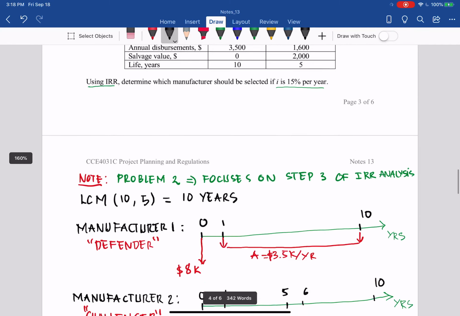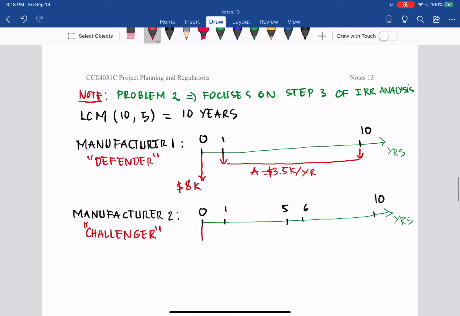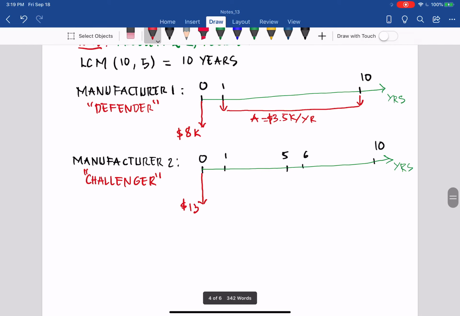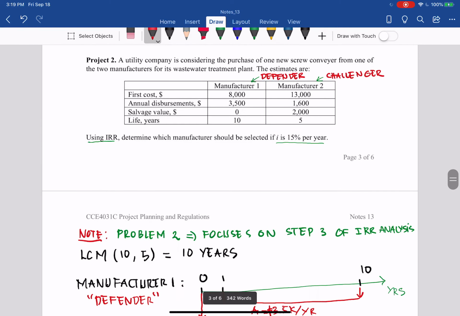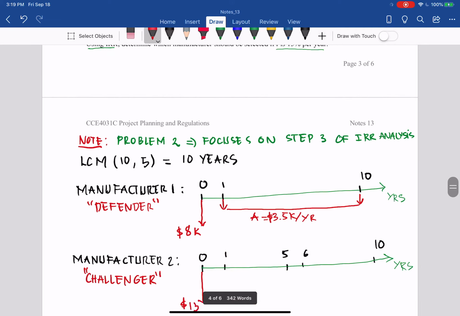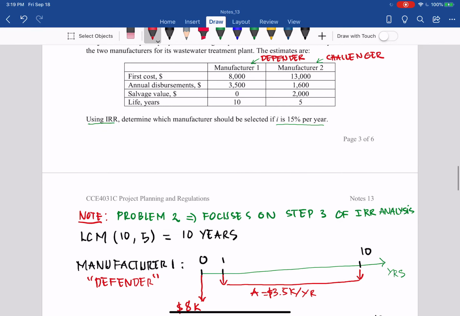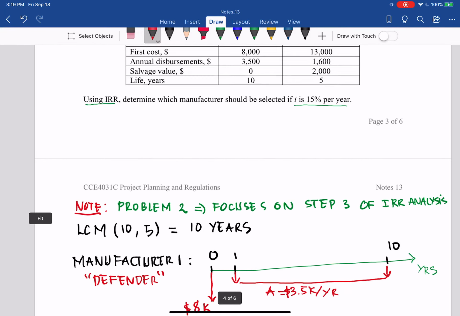Initial cost 13,000. And then annual operating cost 1,600, $1.6K per year. And because the LCM, least common multiple, is 10 years, we assume we reinvest the same equipment for the next 5 years.